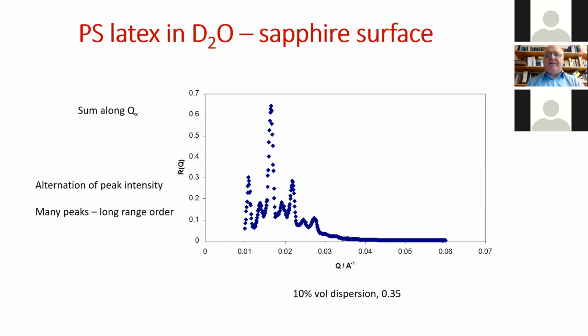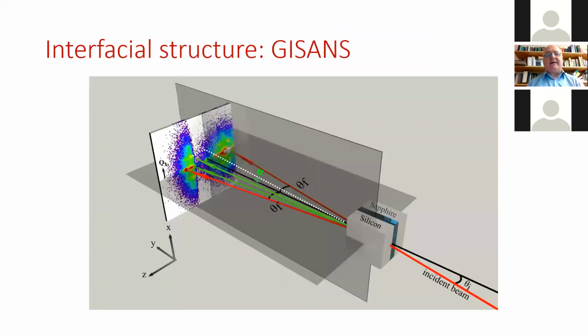So we can form very highly ordered arrays at surfaces, and that can be rather important when you want to use these to make photonic devices and things like that. But in order to understand that in more detail, we actually want to move away from just doing reflection to looking at a point-like beam and looking at the scattering in grazing incidence geometry.